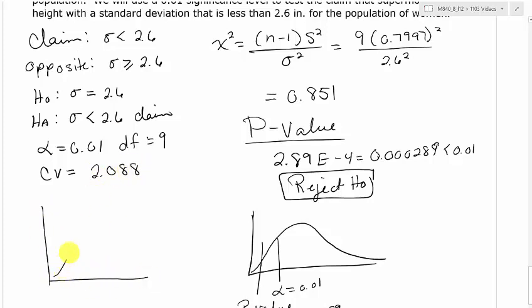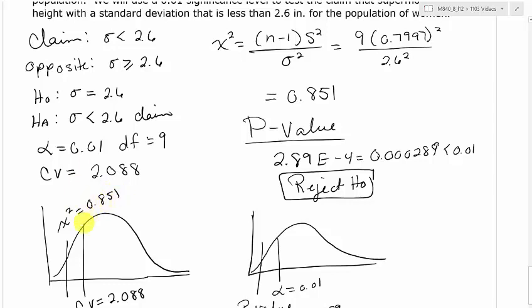Draw a picture. We have our critical value of 2.088, and our test statistic, chi-squared, was 0.851. Our test statistic is in the tail, and so we will have the same conclusion that we're going to reject the null hypothesis.